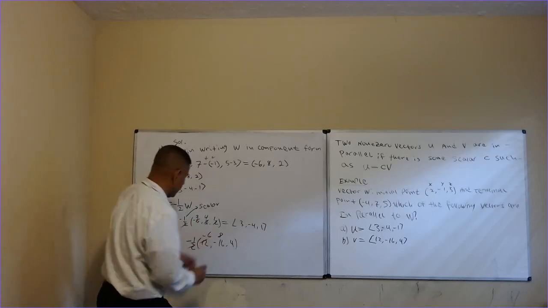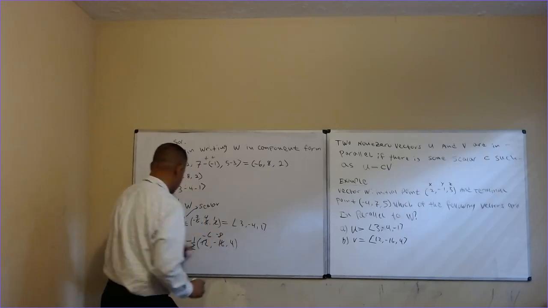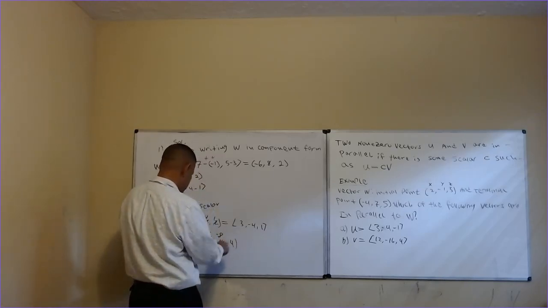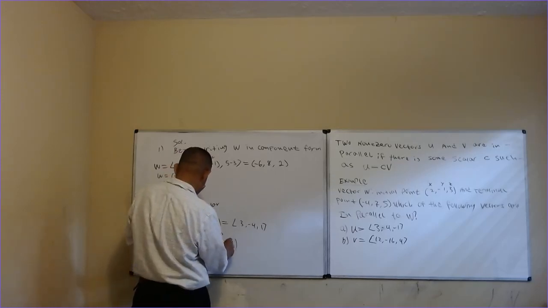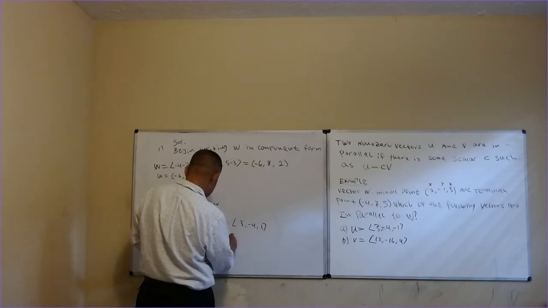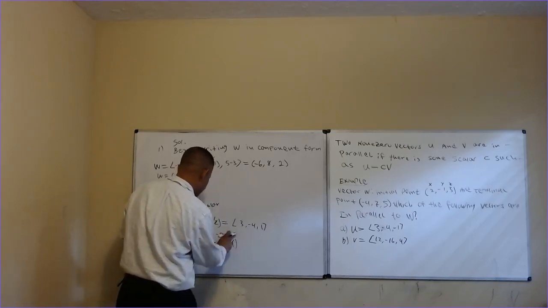That is going to be what? Negative times a negative here is going to be a positive 8, right? And here is going to be a 2.